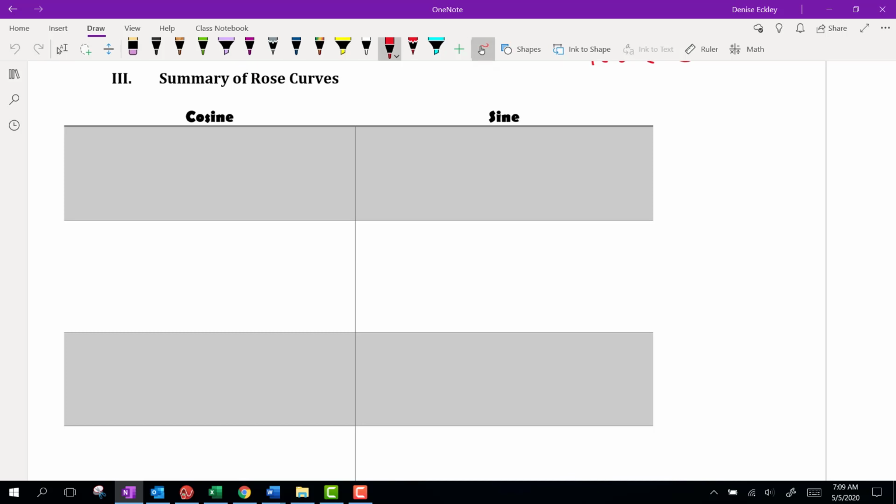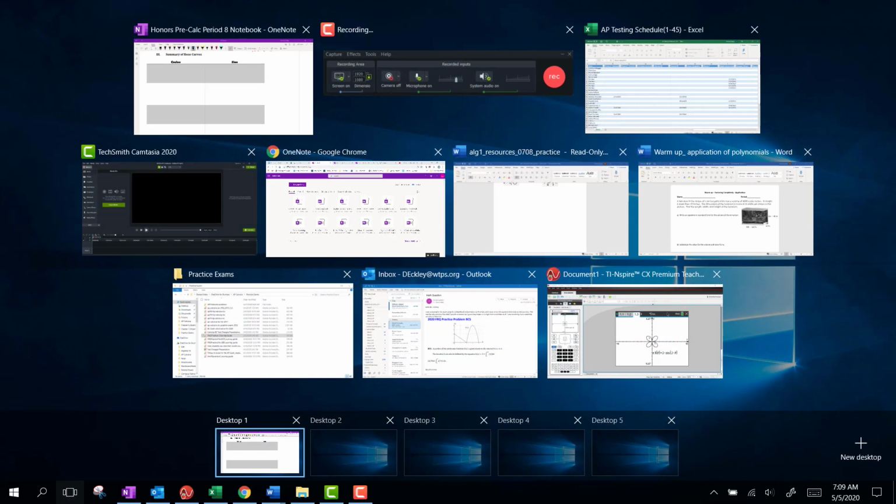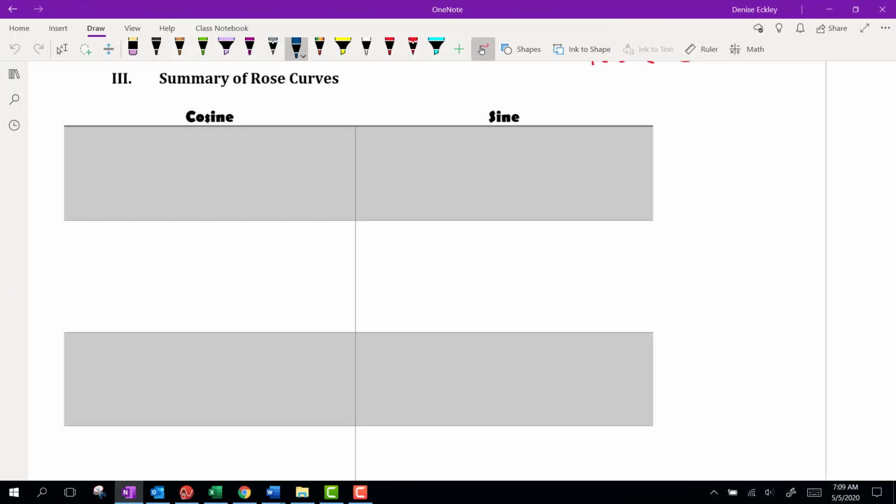What we're going to see here, and I'm going to show you some graphs, is that with cosine, the equation looks like this. We have r equals a cosine n theta, where n is a positive integer. And n does a lot for our graph.